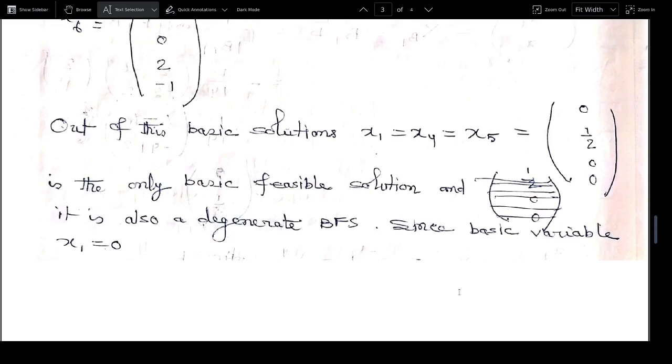Suppose given Ax equal to b, which is of the form m by n matrix. Then the number of possible basic solutions will be, either fill in the blanks or options may be given. Right? So suppose m by n matrix. First one indicates rows in the matrix, and second one is columns.